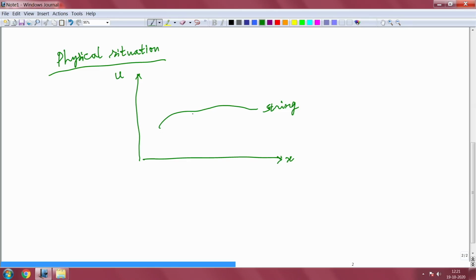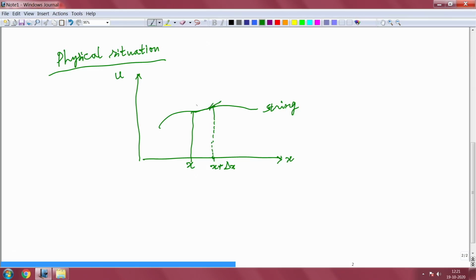You take two close by points on the x axis, x and x plus delta x, and you calculate the force acting at these 2 points.